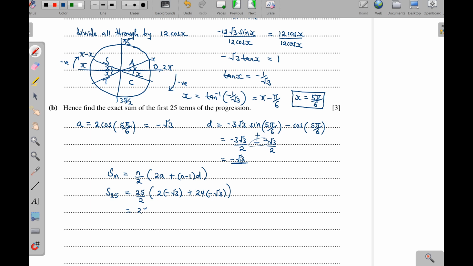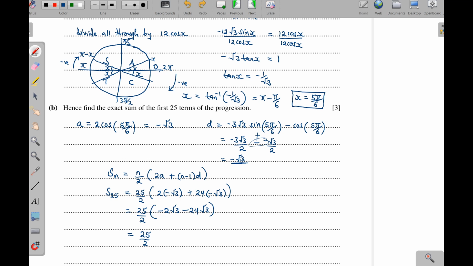So you have 25 over 2, and then inside here you have negative 2 root of 3, then minus 24 root of 3. Surds are said to be added or subtracted if the number under the square root sign is the same. So we have a root of 3 and a root of 3 here, so that means we can simplify this.